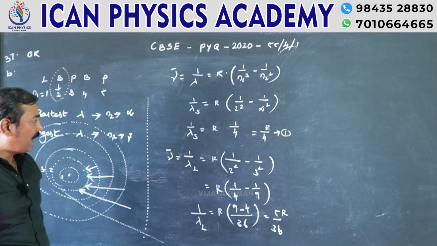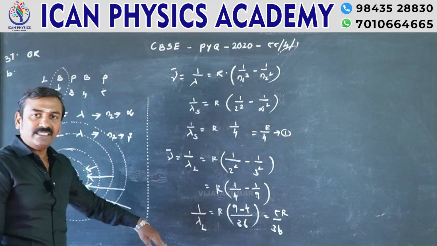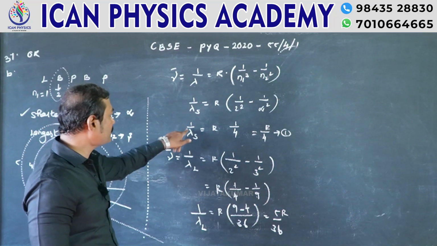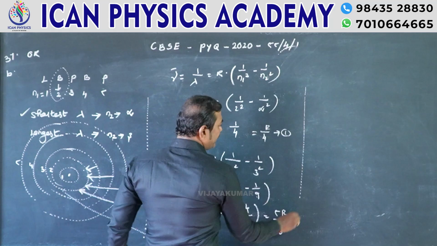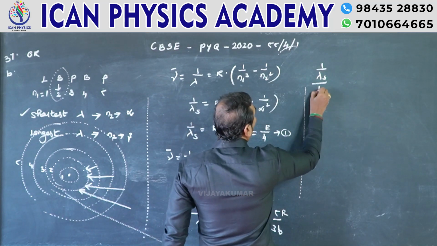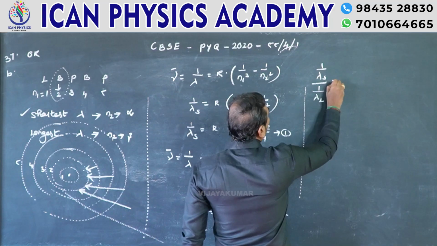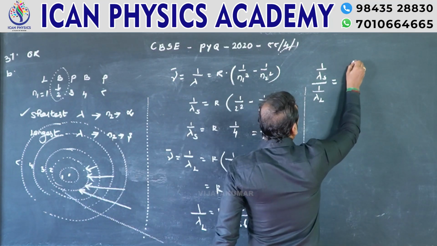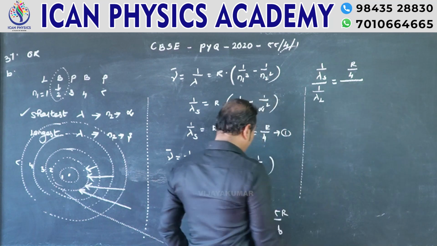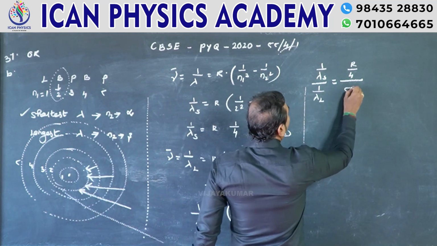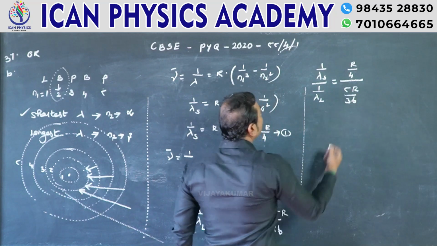Okay. Now, what is the question? What is the ratio of longest to the shortest? So equation 1 divided by 2. 1 by lambda S by 1 by lambda L equal to R by 4 divided by 5R by 36.